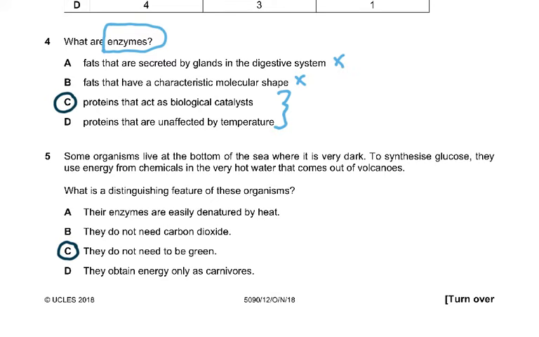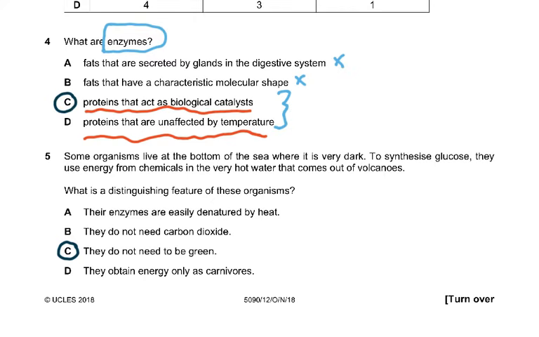Now C is proteins that act as biological catalysts, and then D is proteins that are unaffected by temperature. That is wrong, because enzymes are proteins, and proteins are denatured at temperatures above their optimum.